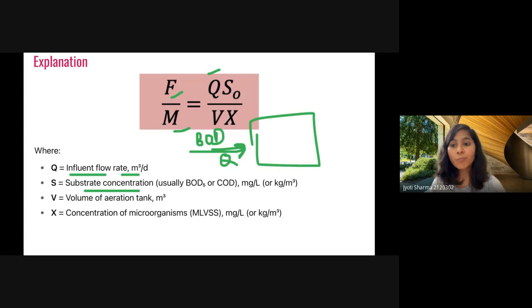BOD means biological oxygen demand. For an organic compound, let's say C6H12O6, to degrade it we need oxygen, and that converts it into CO2 and H2O.